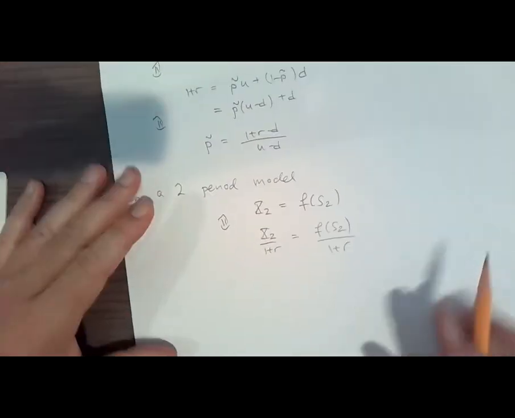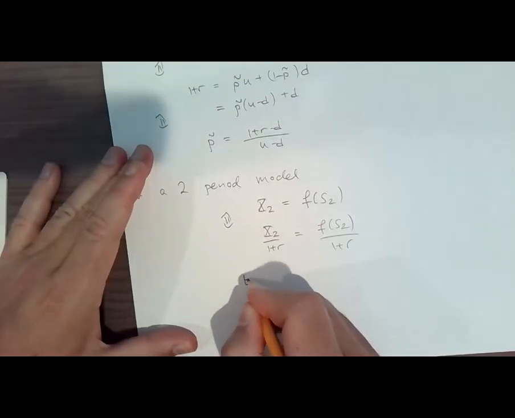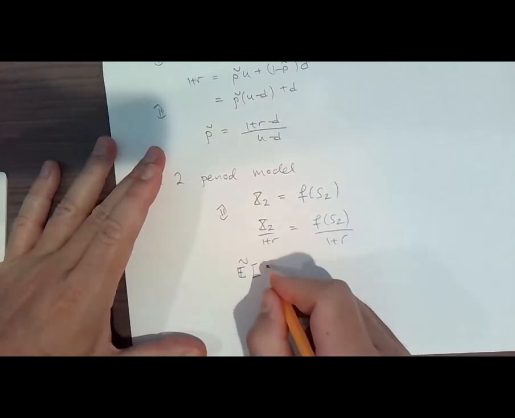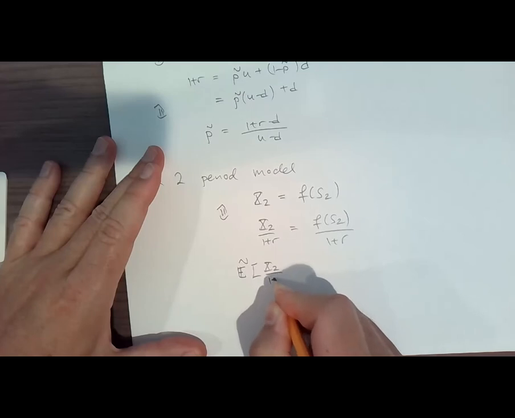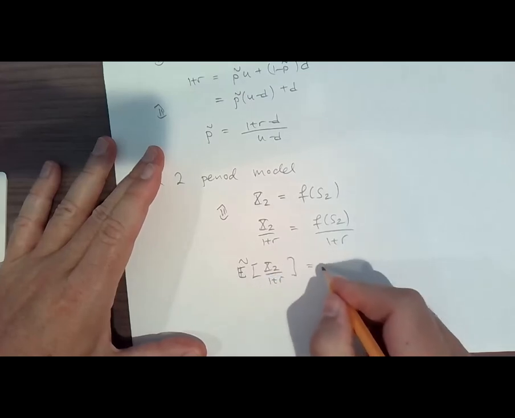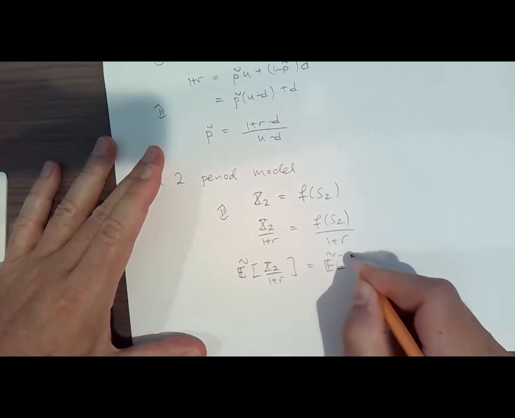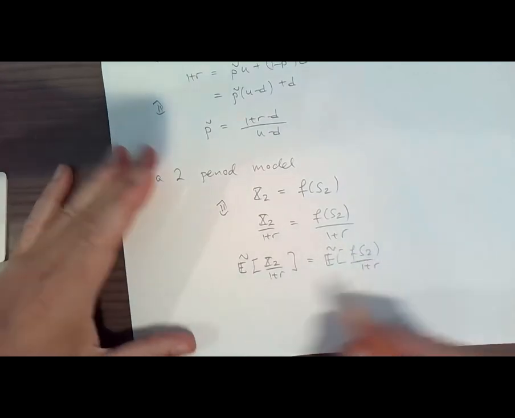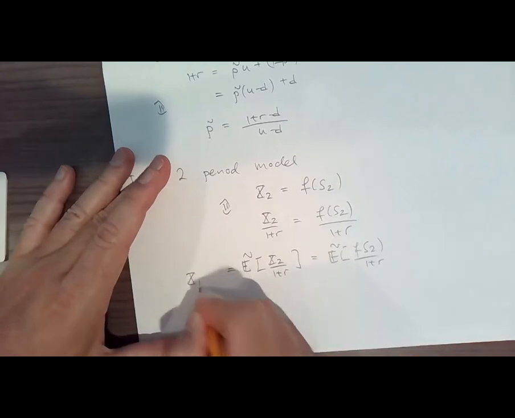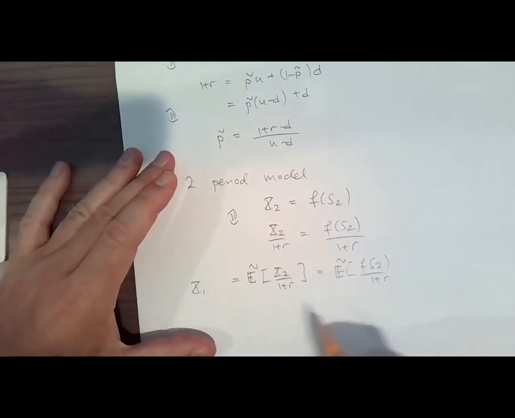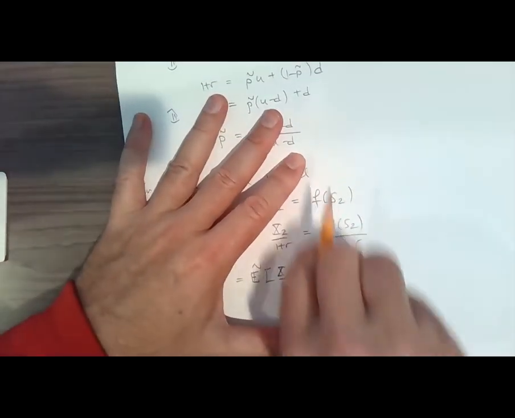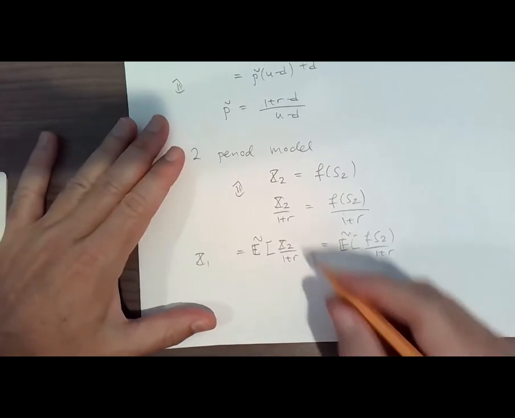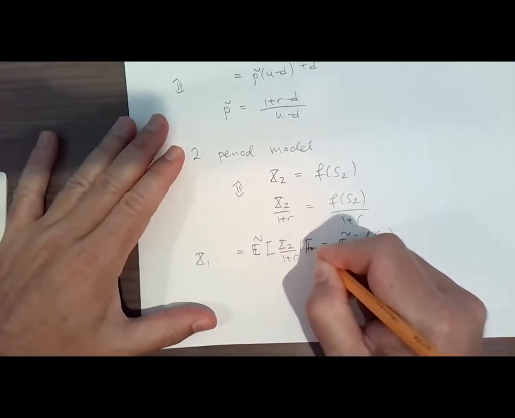So we somehow need to take the conditional expectation of this quantity, X2 divided by 1 plus R, and I want this thing to be equal to X1. There's a need here to keep track of whether we've gone up or down in the tree, and so there is this conditional expectation here.